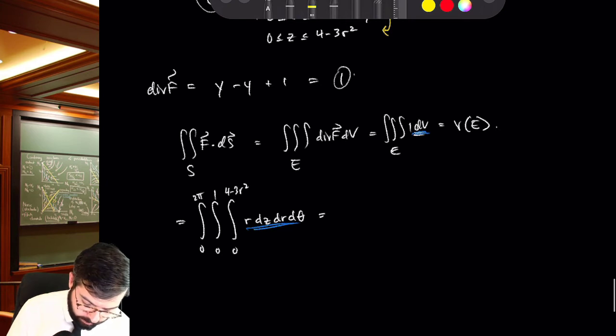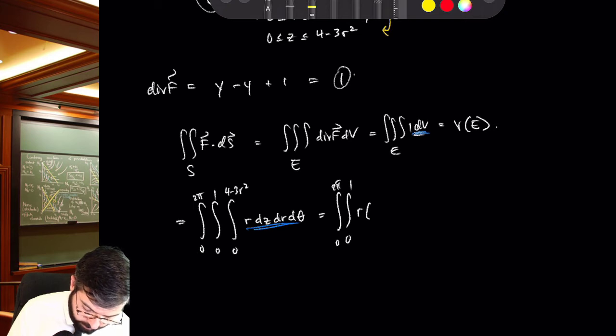So we integrate first with respect to z from 0 to 4 minus 3r squared, so we just get r times 4 minus 3r squared, dr d theta.